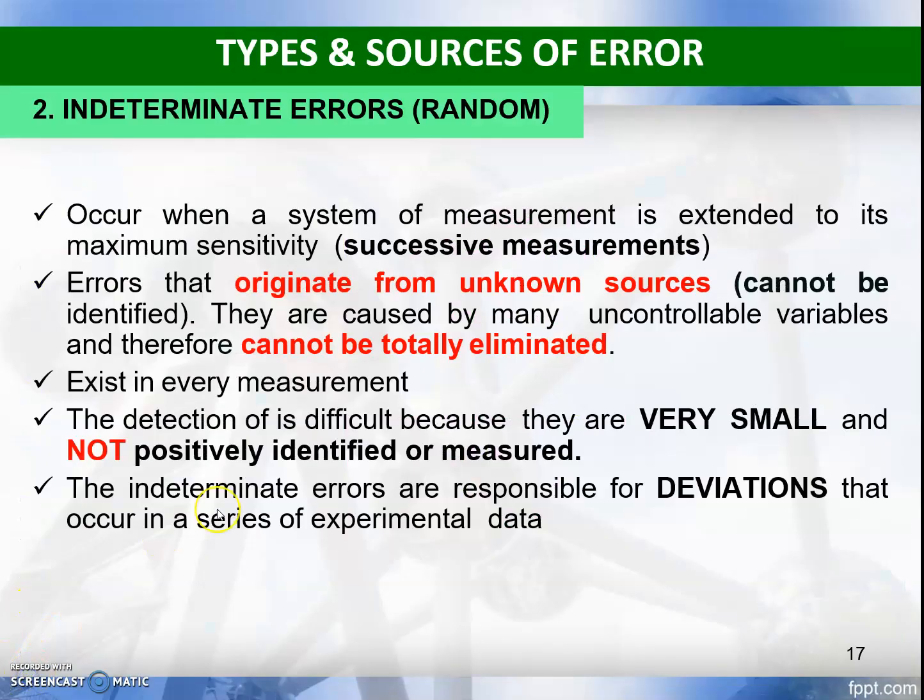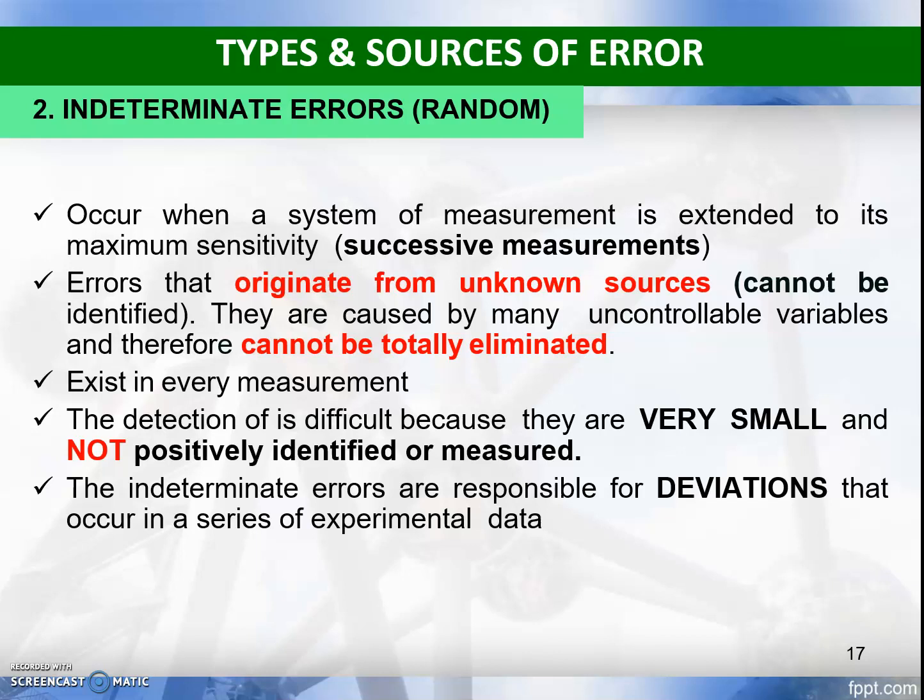For indeterminate error, we do not know where the source comes from. For example, when you weigh a sample using an analytical balance, the balance is calibrated before running the experiment, and from the person there is no error.